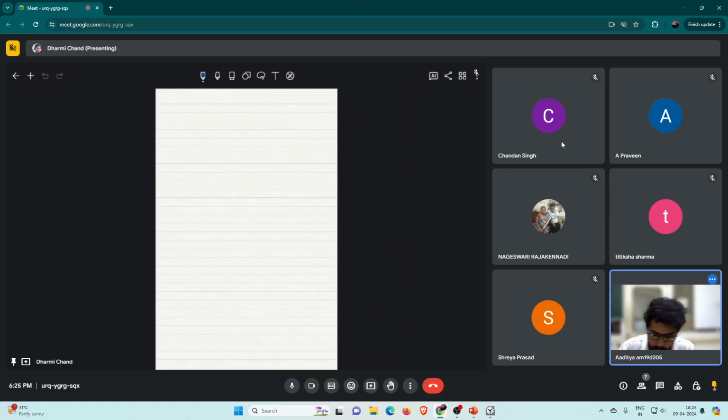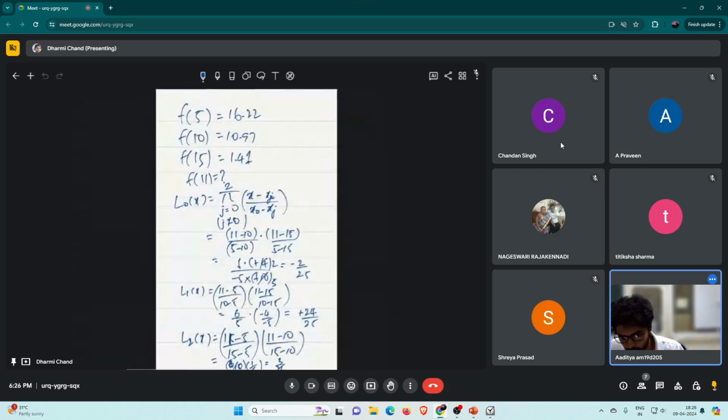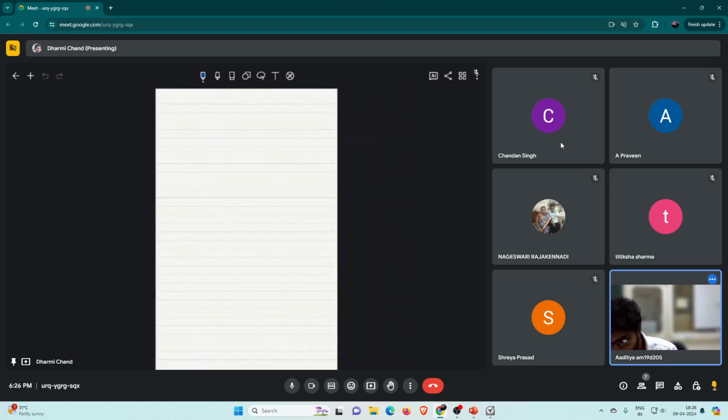I have all the values here, and I know the values of that function as well. So f of 11 is equal to L0 into f of 5 plus L1 into f of 10 plus L2 into f of 15. Sorry for the bad handwriting, I'm not very used to writing on screens.